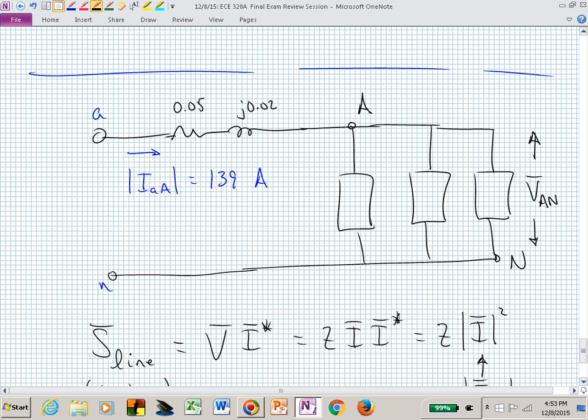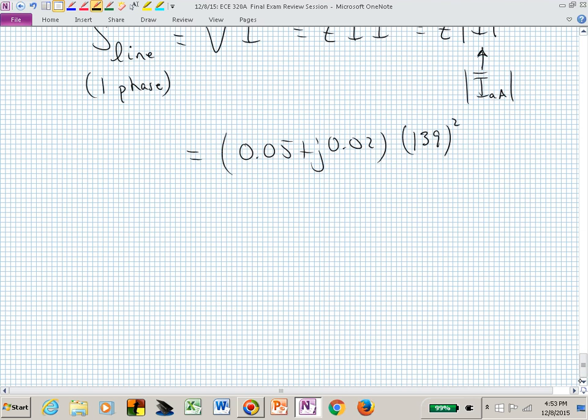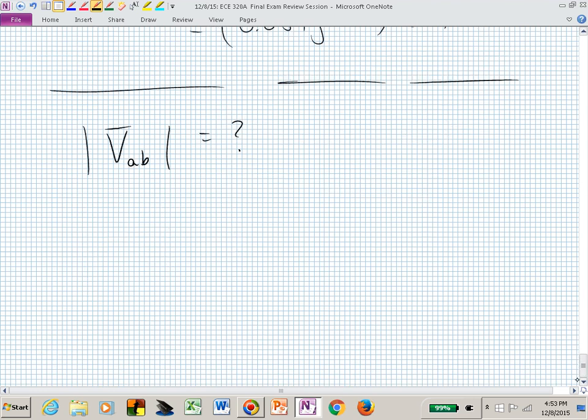And you could find all of those other relationships if you wanted to by the three-phase relationships, meaning if I wanted V sub AB, how is that related to, or maybe if you were given this at the terminals of the load, that you were told was 208.